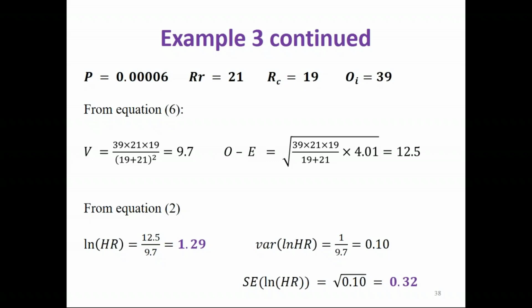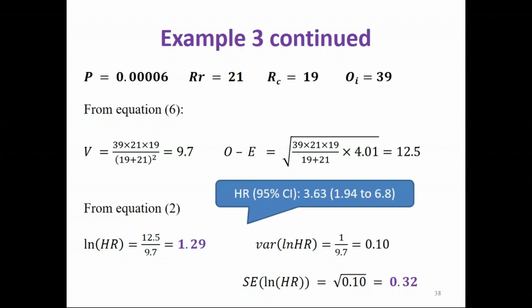And from equation 2, the log hazard ratio for this particular trial is O minus E divided by V, which is 12.5 divided by 9.7, which is a value of 1.29. And the variance is 1 over V, which is 1 divided by 9.7, or a value of 0.1. And the standard error for that is 0.32. So if we input the log hazard ratio and standard error into RevMan, we'll then obtain an estimate of hazard ratio of 3.63 with a 95% confidence interval ranging from 1.94 to 6.8.